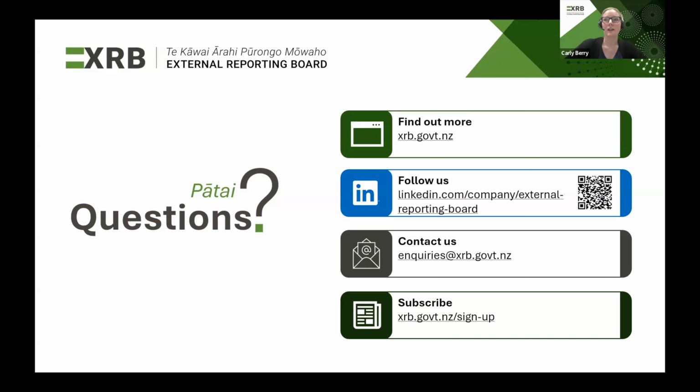The standard does contain some guidance on how to determine which one to use, whether it should just be function, whether it should be nature, whether it should be both. That really requires you to consider what your users want to see, how you internally manage your operations, and what other entities in your industry are doing, so that users can compare information more easily.